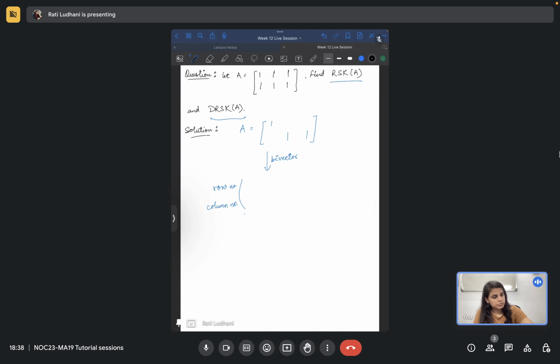Or if you want, we can put 0 here, so that we will not write 0, there will be no entry corresponding to 0. This is better, I think.